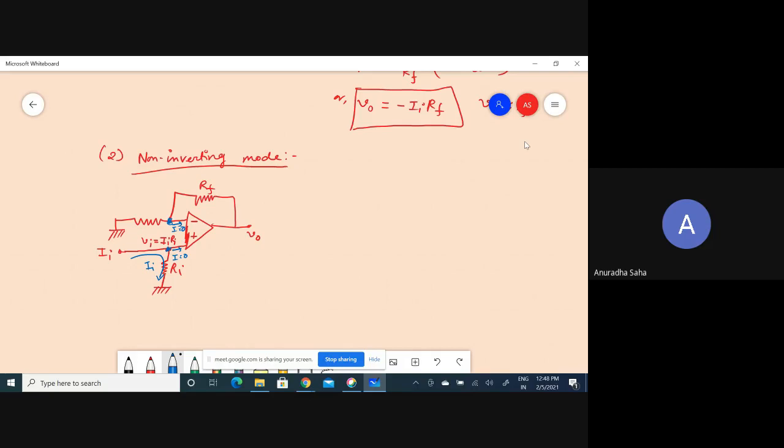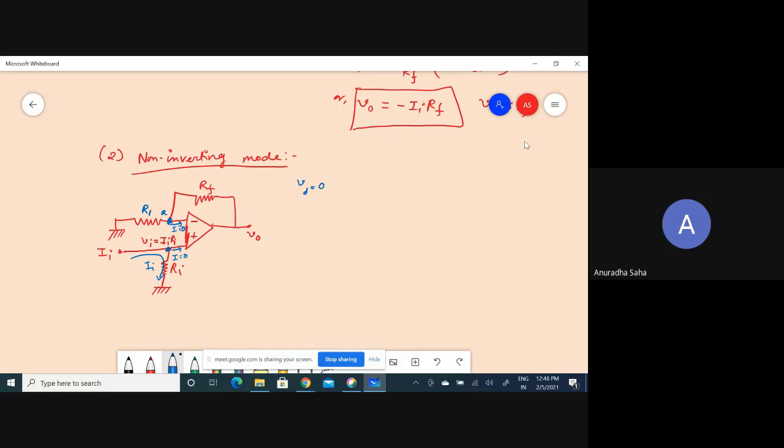Now, since we have the concept Vd equal to 0, this Vi appears here as well. If I say this is my R1, both the voltages must be equal, and at this node A we will have Vi as well.